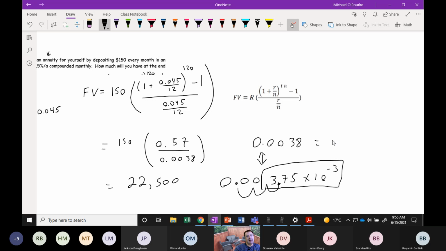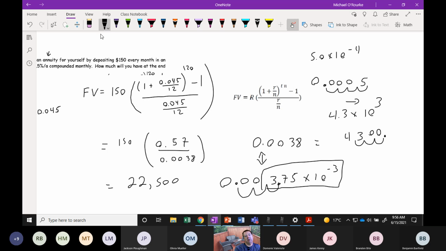So whatever it says, like if I have 5.0 times 10 to the -4, that actually means I could write 5, and I could go 1, 2, 3, 4. And it's actually this number. And scientific notation works the other way, where I make it 4.3 times 10 to the 3, which means the decimal place is actually going to go this way this time. So I go 4, 3, and I go 1, 2, 3. And that's actually 4,300.